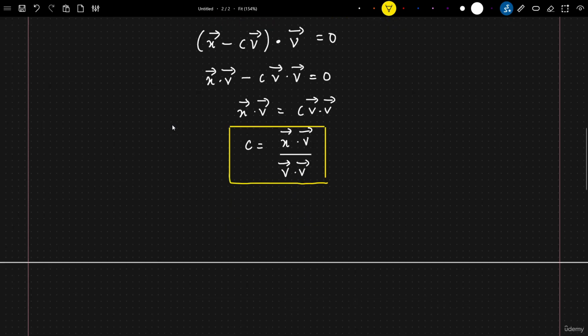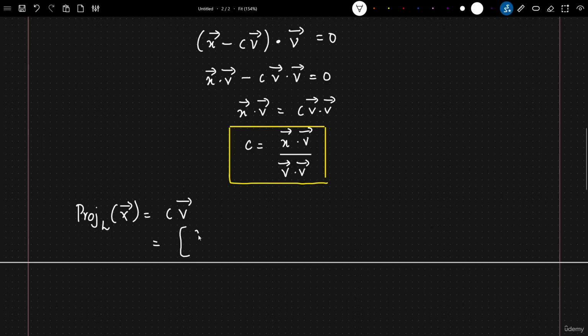Now let's talk about this projection, because this is finally what we want to calculate. If I write the projection on L of vector X, which is given by C multiplied by vector V, this C will get replaced over here.